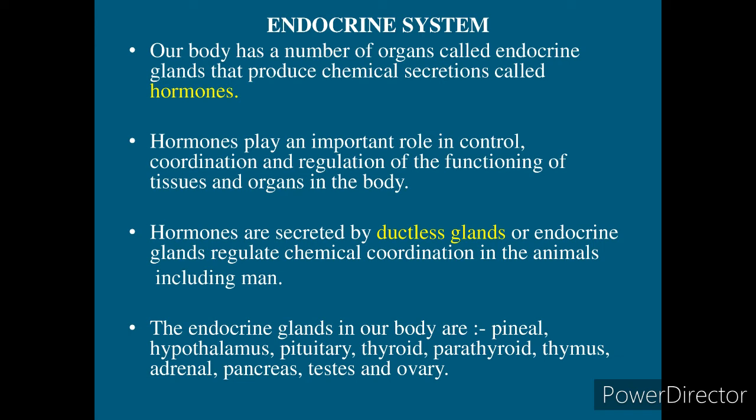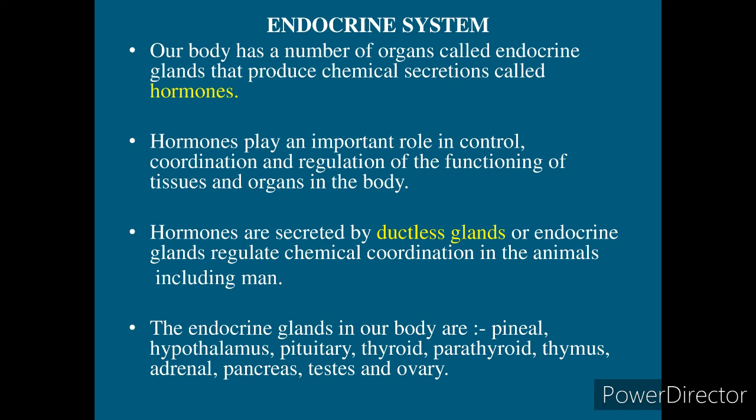Our body has a number of organs called endocrine glands which secrete chemical substances, and these chemical secretions are called hormones. Hormones play a major role in the control, coordination and regulation of the functions of tissues and organs in our body. Hormones are secreted by ductless glands, regulating various functions and coordinating in animals, including man.